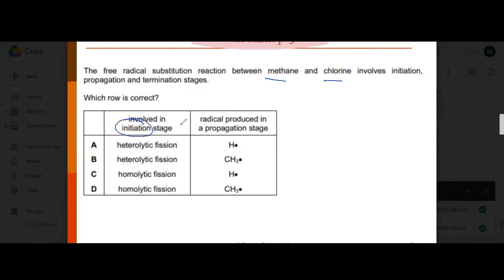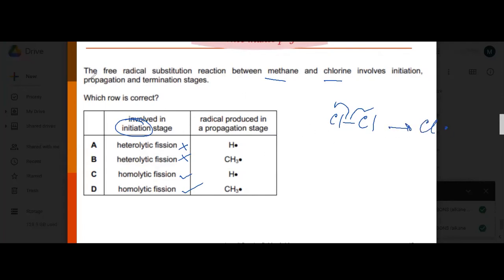What is involved in the initiation stage? Initiation stage, once again, Cl2 undergoes homolytic fission, so it should not be heterolytic, so this is wrong. So between C or D, but there is no Cl free radical here, right? So this is the initiation condition, Cl free radical.